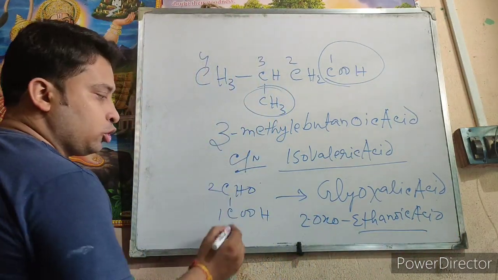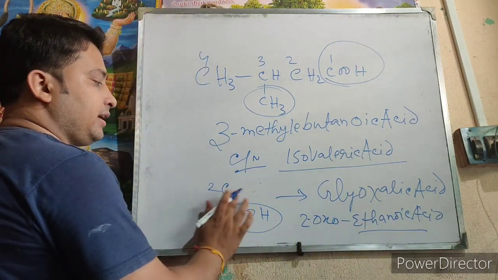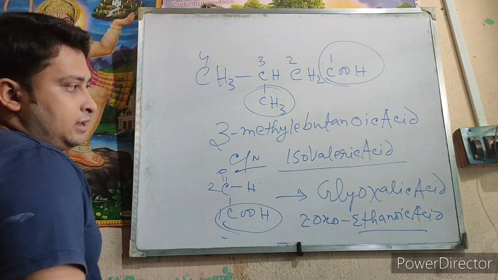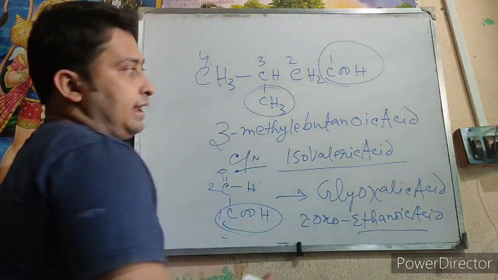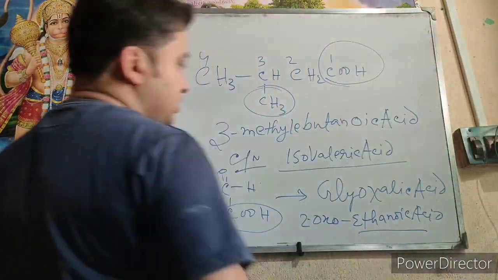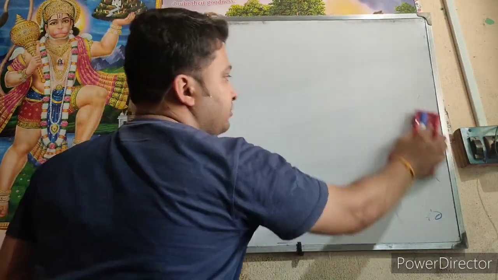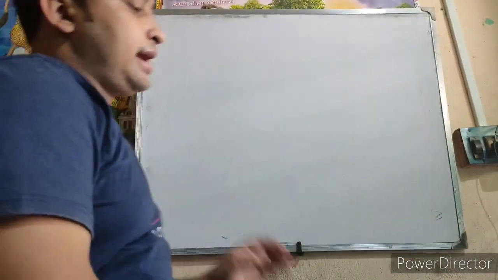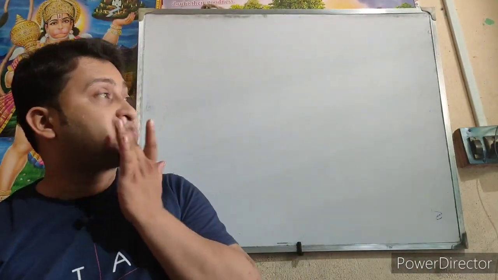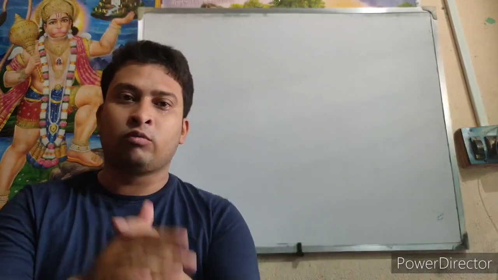Because the number of carbons is 2. So this is ethanoic acid, and oxo means the bond is to oxygen, so 2-oxoethanoic acid. So this is glyoxylic acid. Okay. So those are the very important and common examples for carboxylic compounds. Those are the very simple and common examples that I want to share with you.